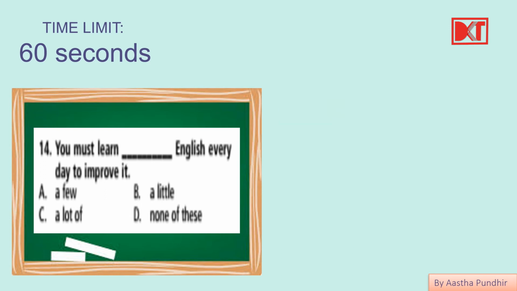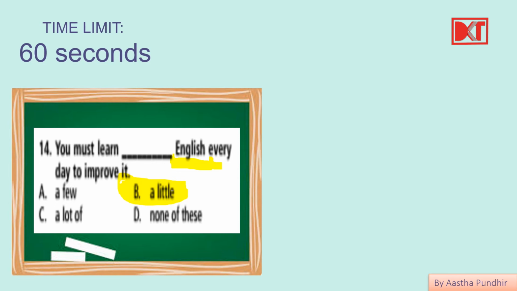Alright, next. You must learn dash English every day to improve it. You must learn a few English every day, you must learn a little English every day, or you must learn a lot of English every day to improve it. Now here the correct answer is B. You must learn a little English every day to improve it. Again, English is an uncountable noun. A language cannot really be quantified.